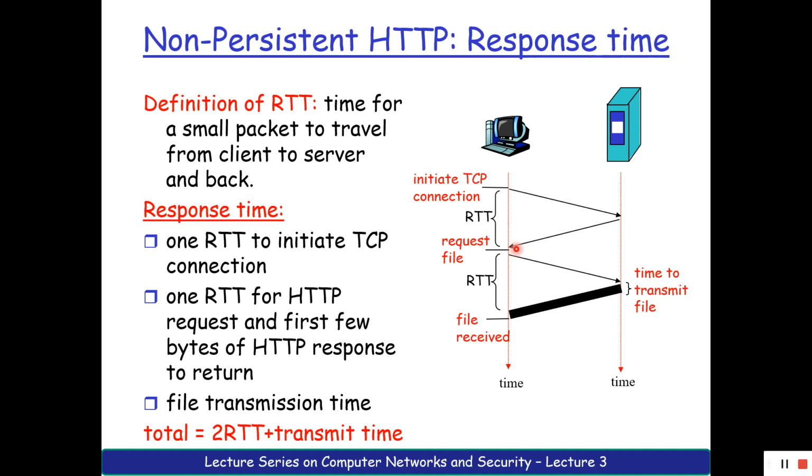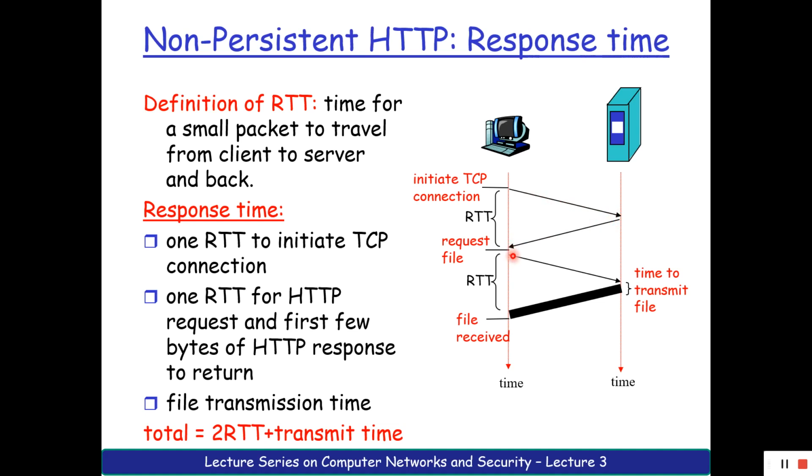It will accept that particular connection. Then the client has to request a specific file, and then the server will send the specific file. Now you can see here, the client is first requesting a connection and the server sends an acknowledgement saying that it can accept the connection. So this is one RTT. One packet has moved from client to server and from server to the client.